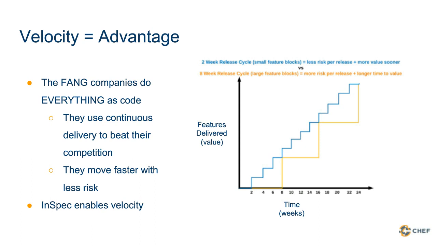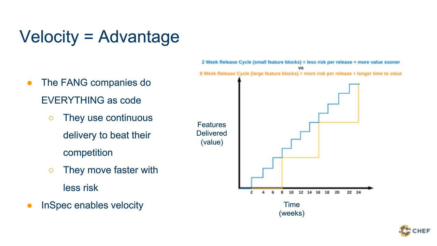The blue line represents your high velocity FANG type enterprise that has a 2-week release cycle, which technically isn't that fast compared to some companies. They take small feature blocks, so there's less risk per release, and they ship those features or fixes, so they provide more value sooner and with less risk.